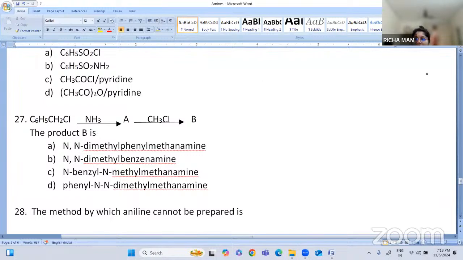You have a benzyl chloride. I am going to react it with ammonia to give A. A is reacted with methyl chloride to give B. They have asked what is B. Follow the reaction.